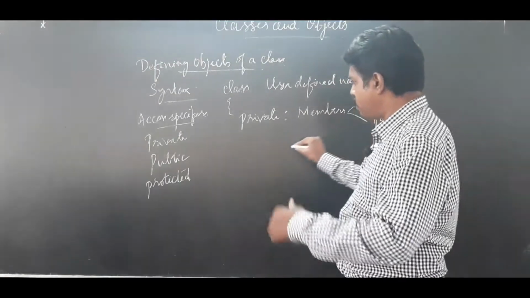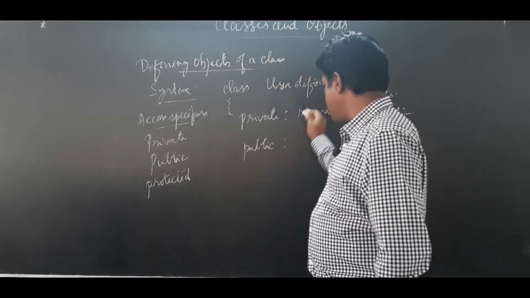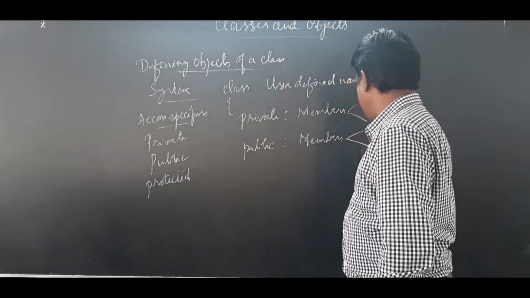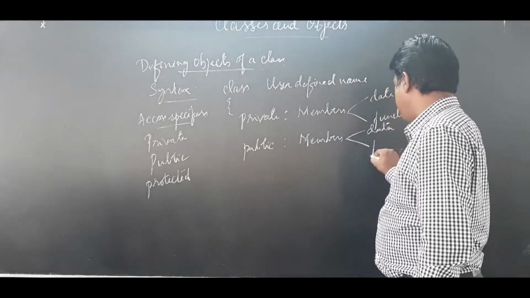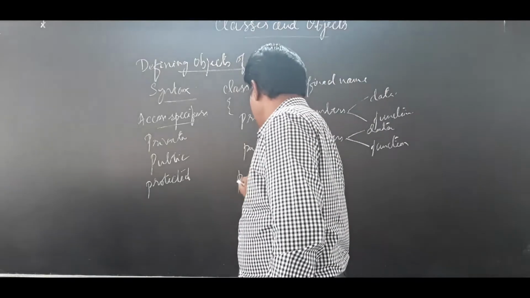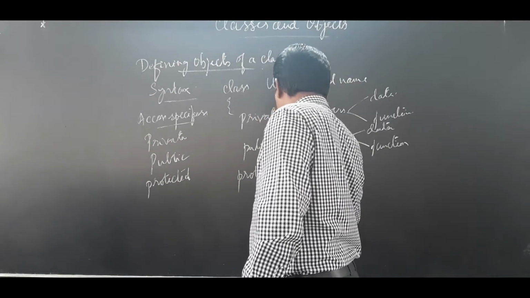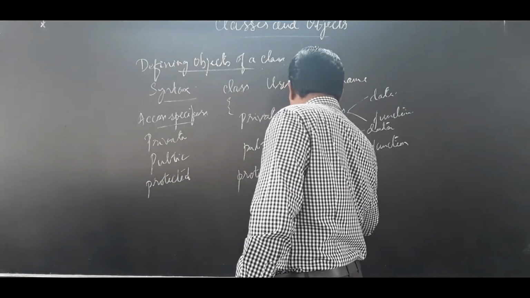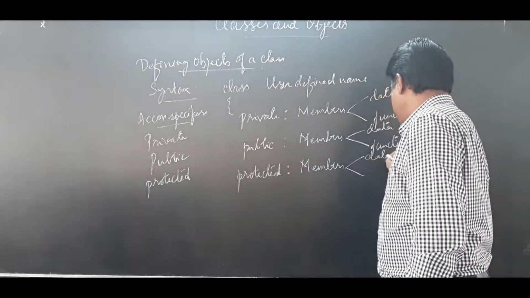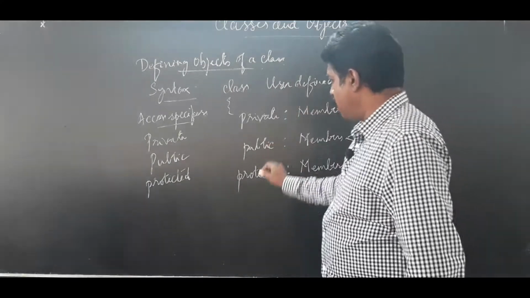Likewise, in case we have members under public, the same syntax could be taken up: data and functions. Likewise, if we are dealing with protected, then members under protected, data, then function. So, this is the syntax.